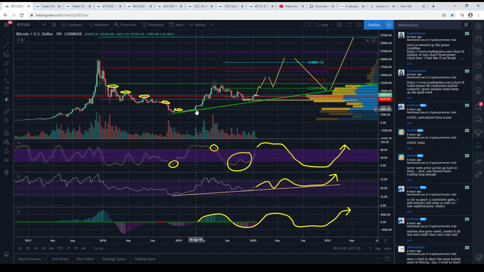So when this happened, we saw that Bitcoin just went straight up. So right now with the momentum shifting from downward pressure to upward pressure, I believe that shows that we are, yes, going to be going up to the predicted levels.